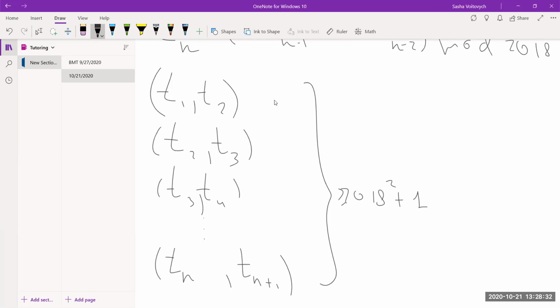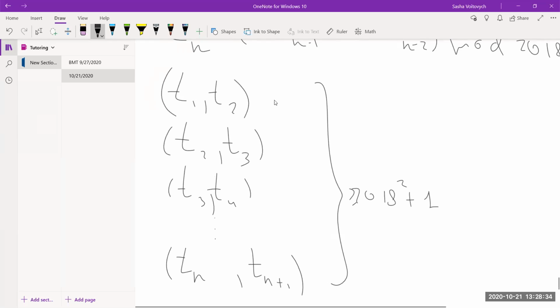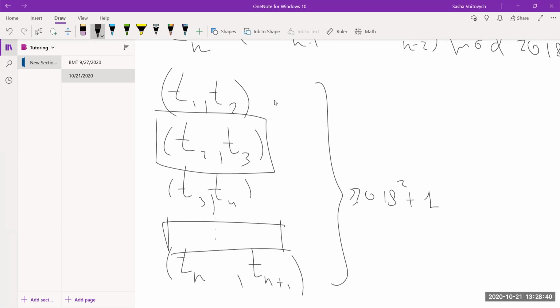Therefore, by the pigeonhole principle, we will have two pairs that end up being identical. So suppose this one and this one are identical. If they're identical, I claim that the distance between them is a period of the sequence.